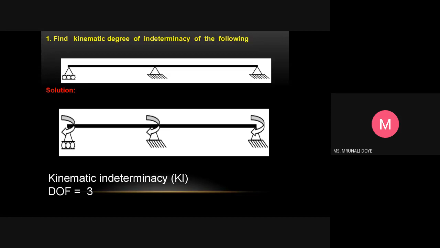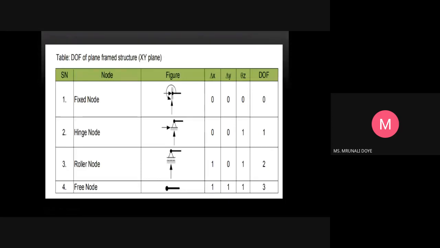Don't be confused. Here in this table, you can see the roller support, where I have written delta y 0, delta x 1 and theta z is 1, so DOF is 2. This is common to all structures, for a plane frame structure in the XY plane.